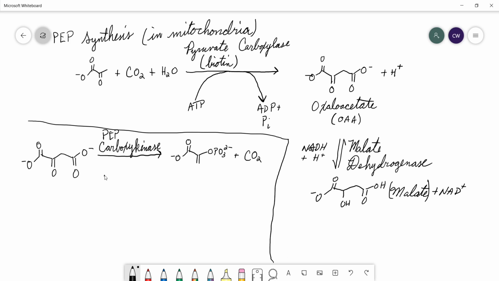And this conversion requires GTP, which is the guanine analog of ATP, and it produces GDP.